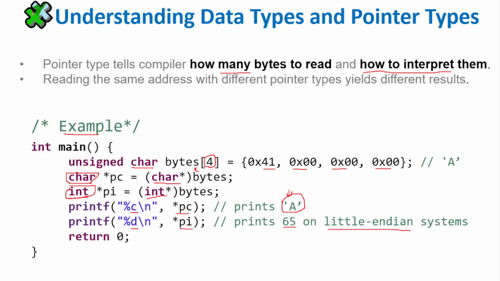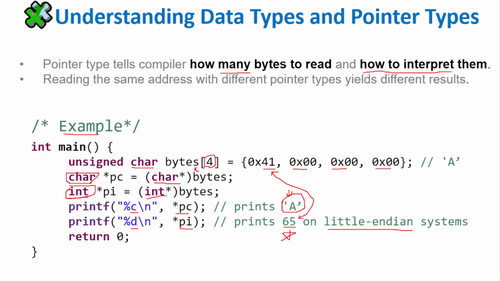On a Little Endian system, the least significant byte is stored at the lowest memory address, so the 4 bytes are interpreted as 00000041, which corresponds to the decimal value 65.